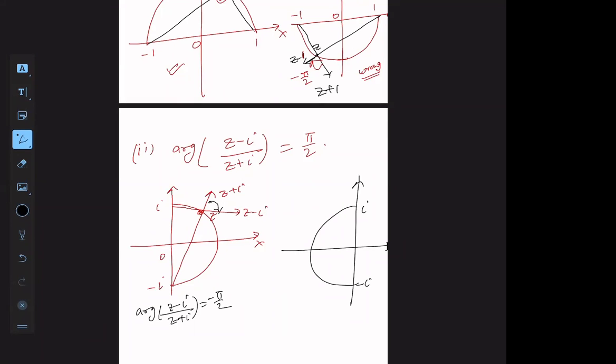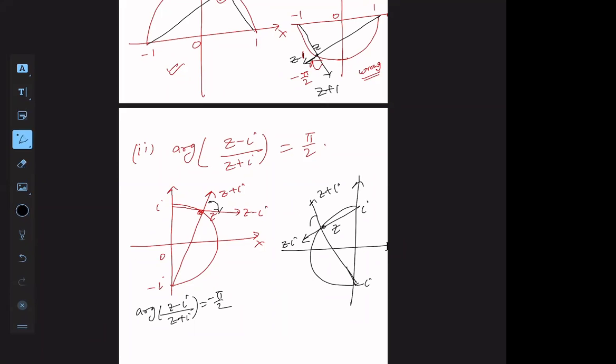Now consider this situation. This will be z minus i and this vector will be z plus i. So I have to rotate, which way?